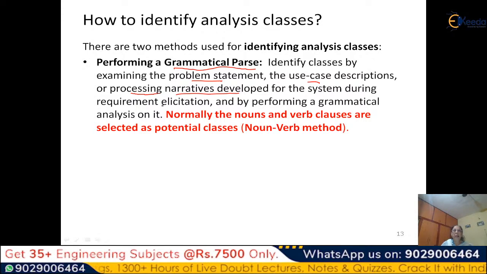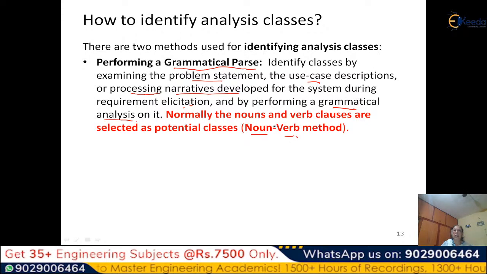We take that, which we have already collected during the requirement elicitation and the use case descriptions, and we do what is known as a grammatical analysis, grammatical parsing on it. What does it mean? Basically, it means that we are going to look at the nouns and the verbs. So that is why it is also called the noun-verb method.